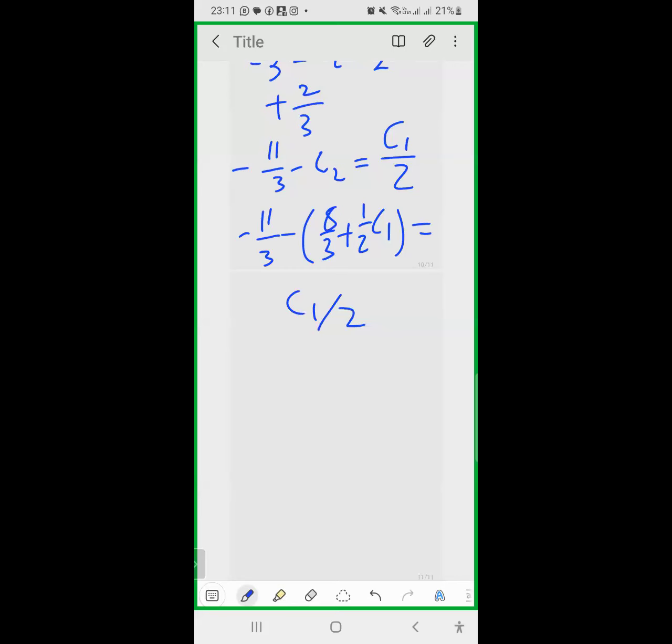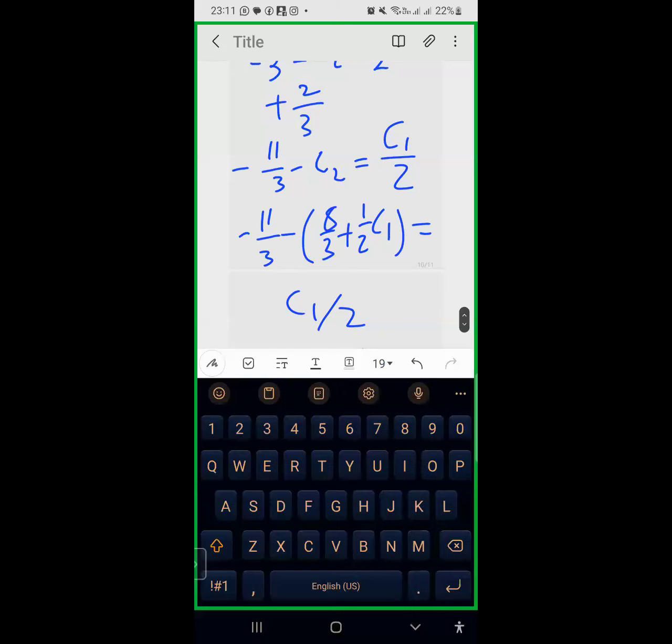And then we're going to have minus 11 over 3 minus 8 over 3, that is going to give us minus 19 over 3. And then minus 1 over 2 c1 equals c1 over 2. So minus 19 over 3 will be equal to 1 over 2 to the other side plus 1 over 2, which is 1. So that is simply c1. So the value for c1 is minus 19 over 3.